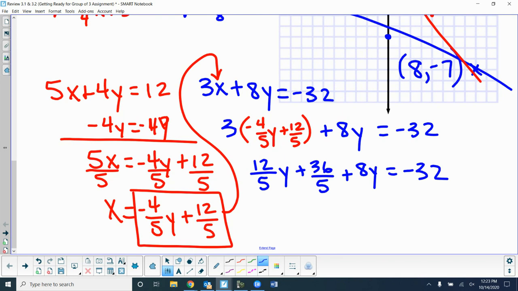I saw some of you going 3 times 4 and 3 times 5. It's only the top. That's like 3/1, right? So you go 3 times 4 and 1 times 5. Okay? Combine like terms and take the 36/5 to the other side.